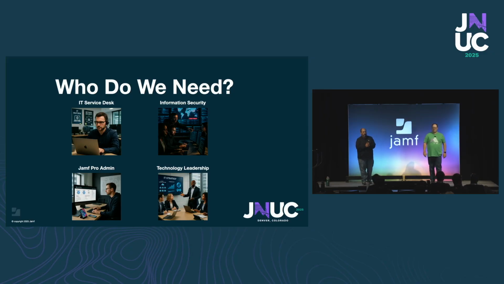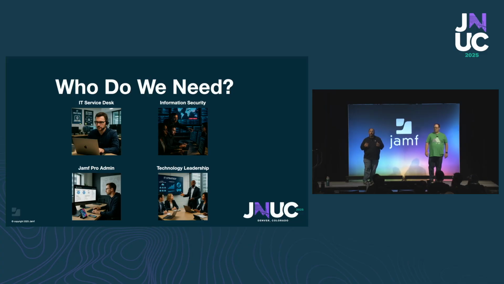We have some essential people to really get Apple Intelligence into your organization. We have our IT service desk, information security, your Jamf admin, all of you, and technology leadership. These are essential people to get this through, because this isn't just a technological project. It's a legal project, a privacy project, and user experience.